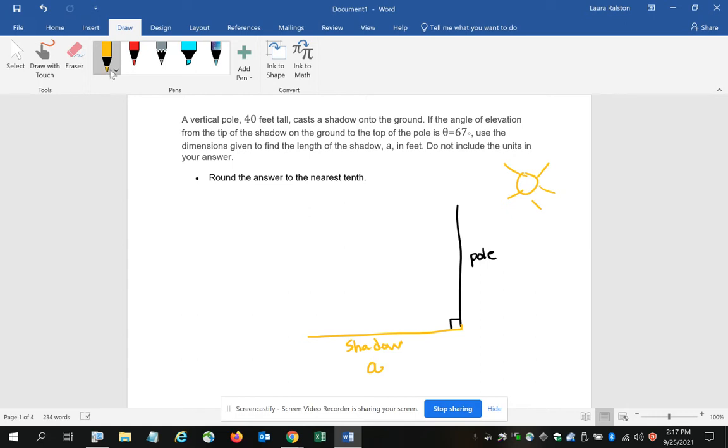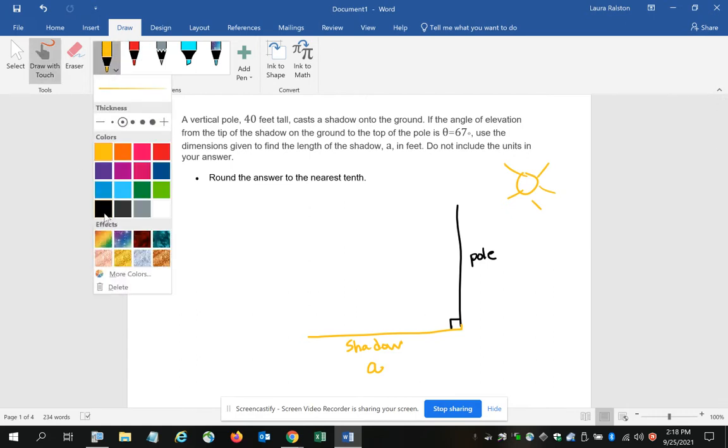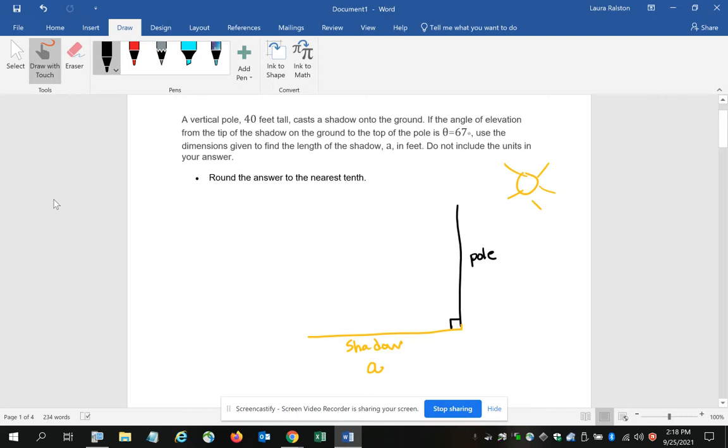It also tells us that from the tip of the shadow, so here's the tip of the shadow on the ground, to the top of the pole, the angle is 67 degrees. Now it talks about this angle of elevation.